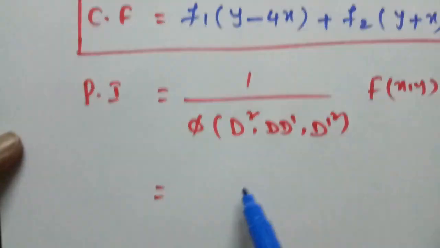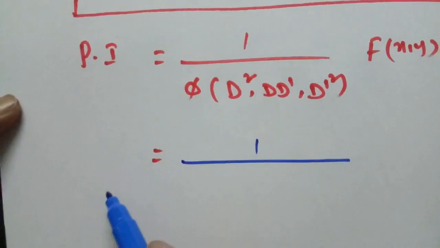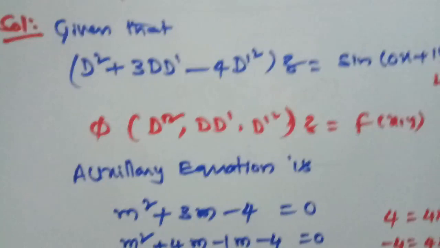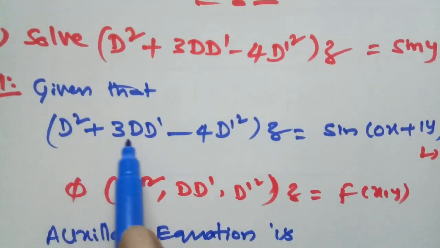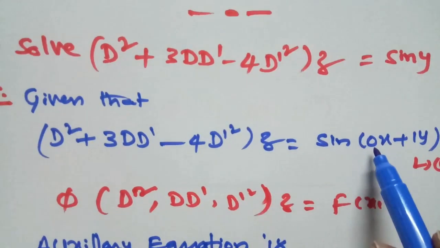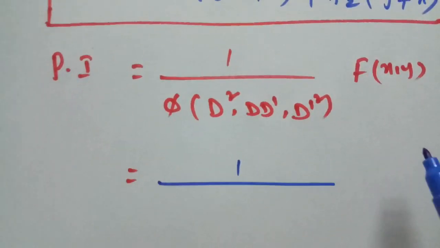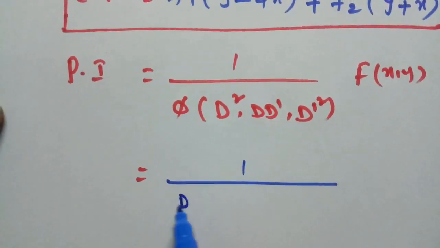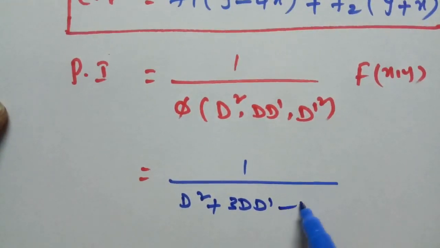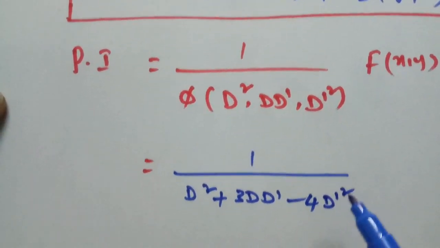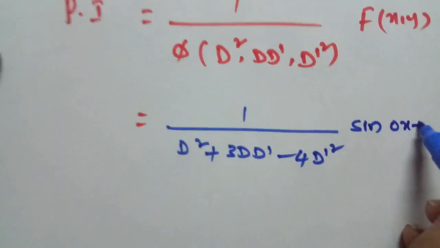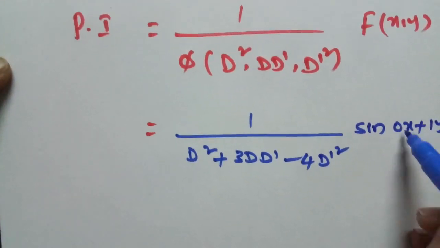Therefore, this is 1 by D square plus 3 D dash minus 4 D dash square, into sine of 0x plus 1y. The denominator is D square plus 3 D dash minus 4 times D dash square into sine of 0x plus 1y.